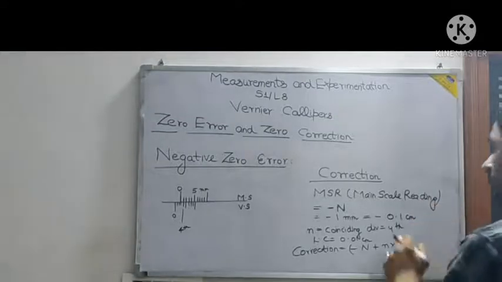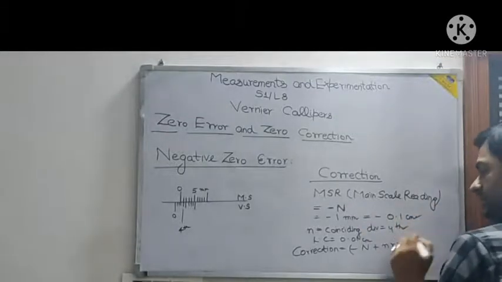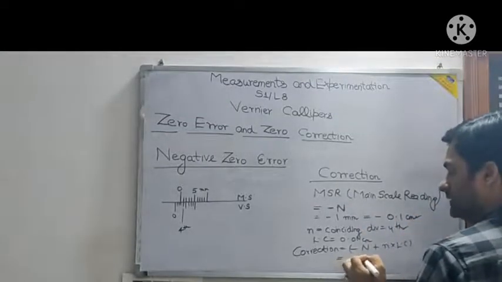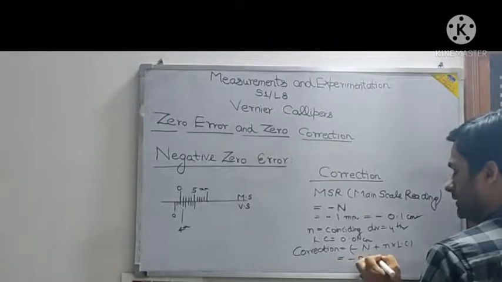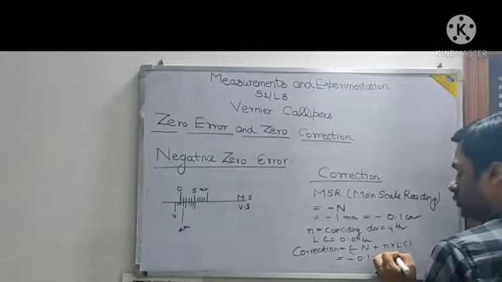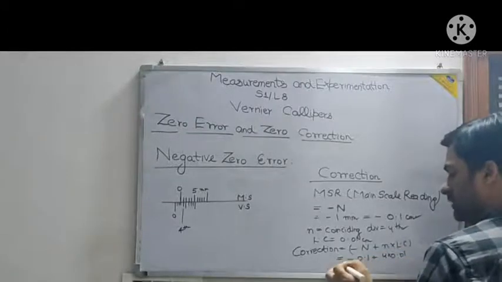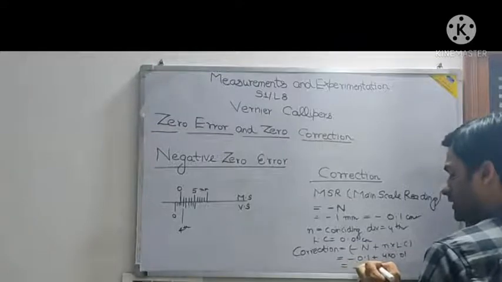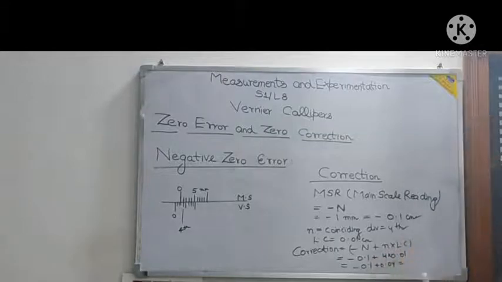Now this is a sample case. So what will it be? Minus 0.1 plus, fourth division is coinciding, 4 into 0.01. That means minus 0.1 plus 0.04. So totally the value comes negative.